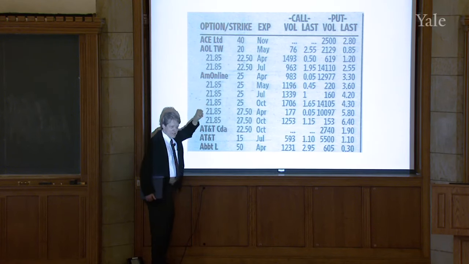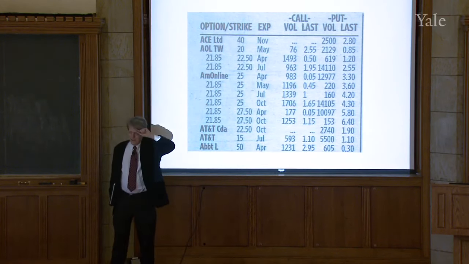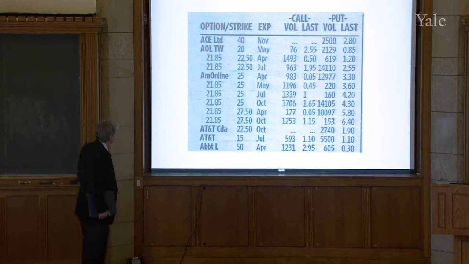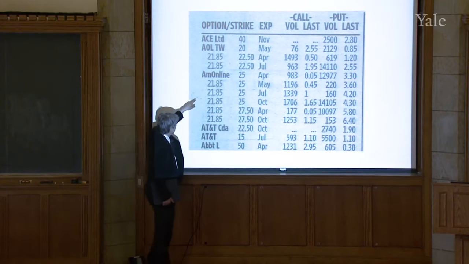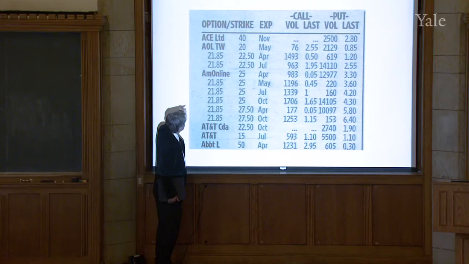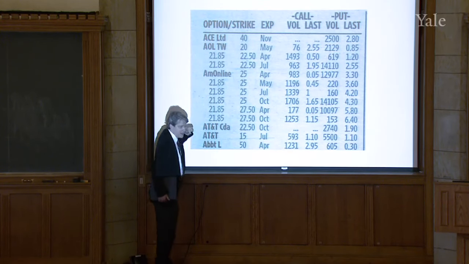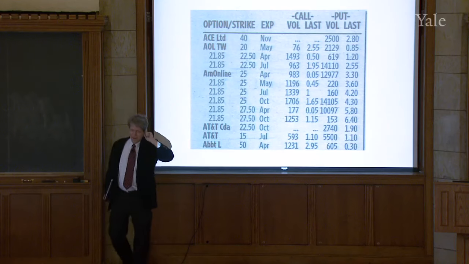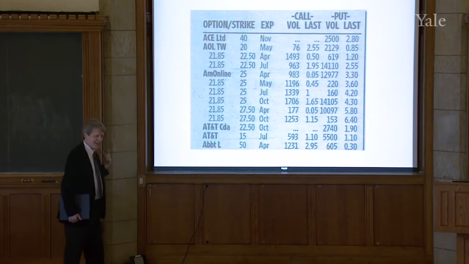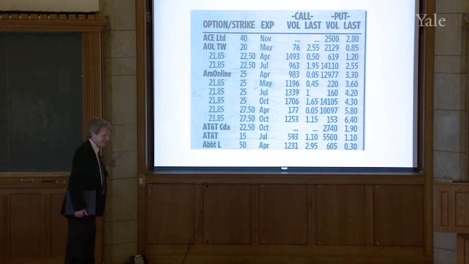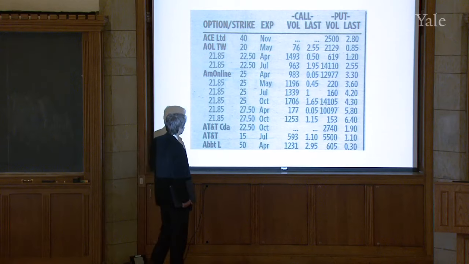These were options that were issued before the merger, and they apparently are being exercised in terms of the same AOL Time Warner stock. AOL, by the way, was spun off by Time Warner last year, so they had a divorce. They were married in 2000, they were divorced in 2010.